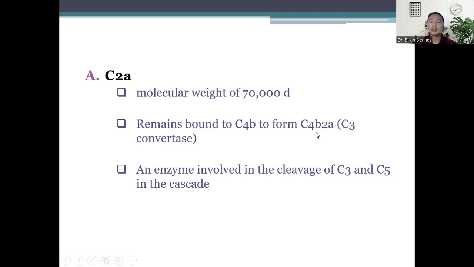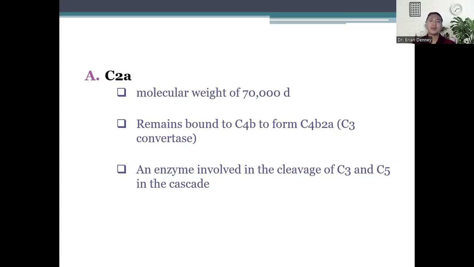C4b2a is the complex formed when C4b binds to C2a, which is also known as C3 convertase. From the term itself, C3 convertase, its target complement protein is your C3. So your C3 convertase, or C4b2a, is the complex which causes cleavage of the next complement protein to be activated, which in this case is C3.